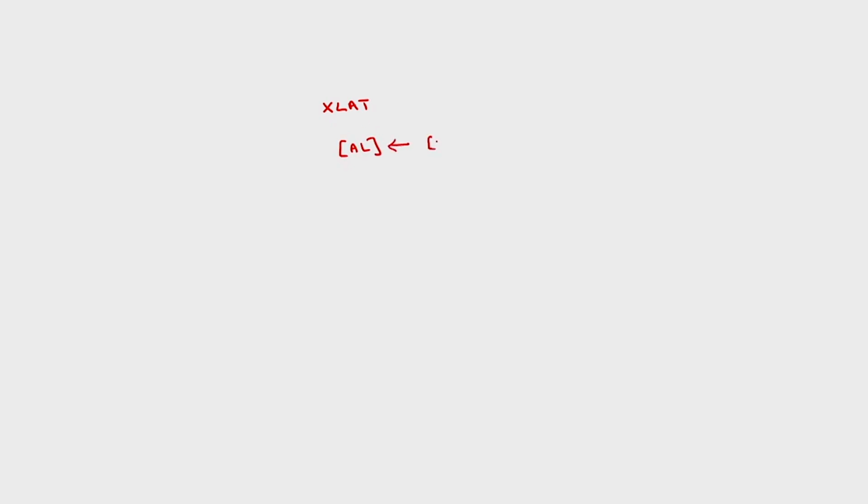AL will be loaded with the contents of AL plus the contents of the memory location pointed by the BX register. This instruction is equivalent to MOV AL comma AL plus BX.